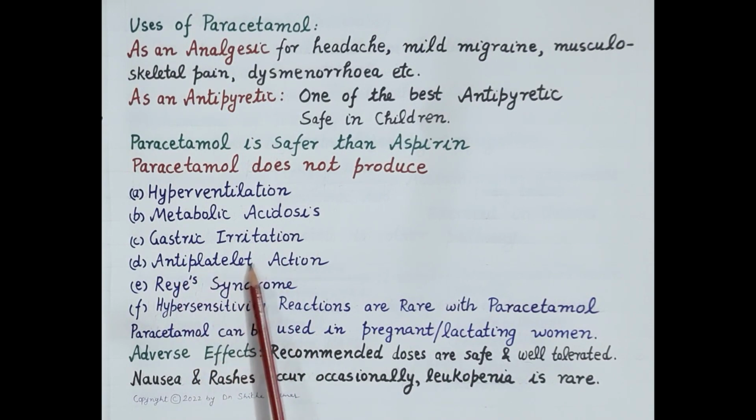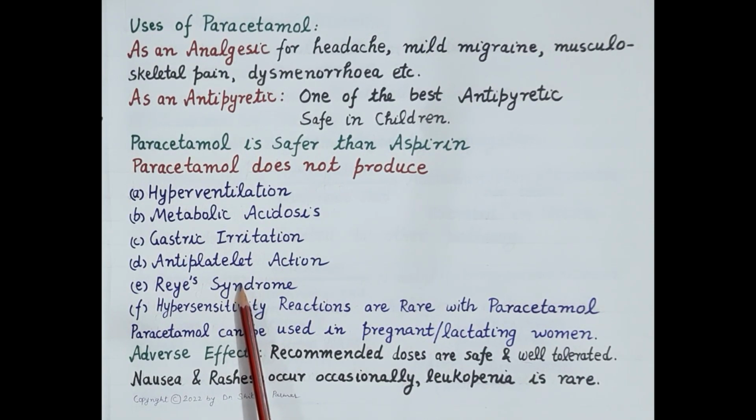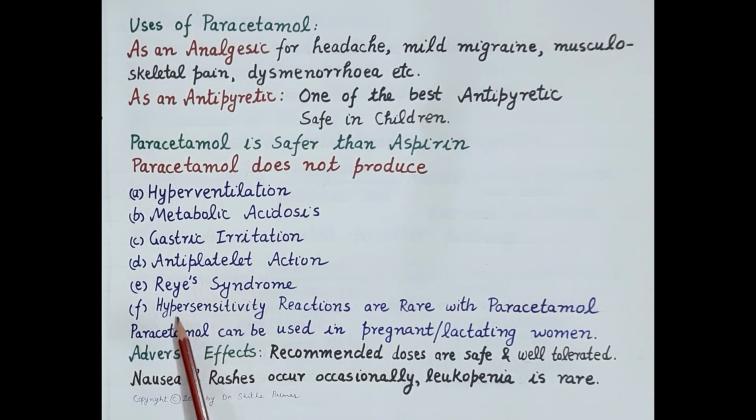It has no antiplatelet effect and thus it does not cause increased risk of bleeding. And apart from this, it does not produce Reye syndrome in children. That is, it does not produce liver and brain inflammation. And therefore, its use is safe in children with viral infection. Allergic or hypersensitivity reactions are rare with paracetamol. Paracetamol can be used in pregnant as well as in the lactating woman.